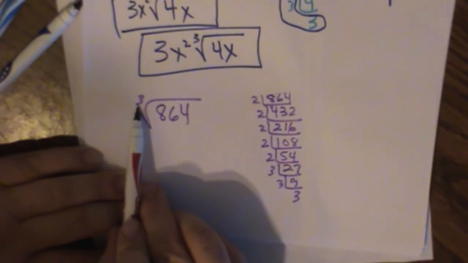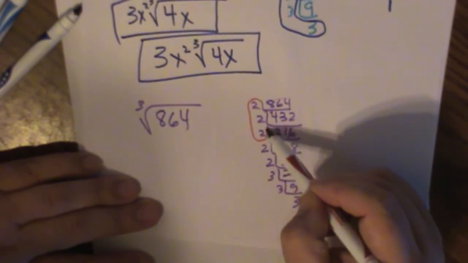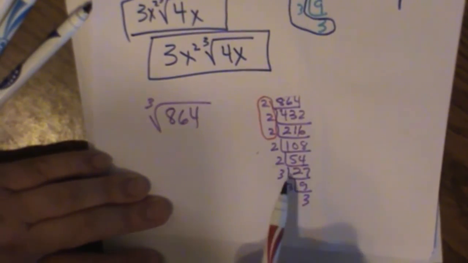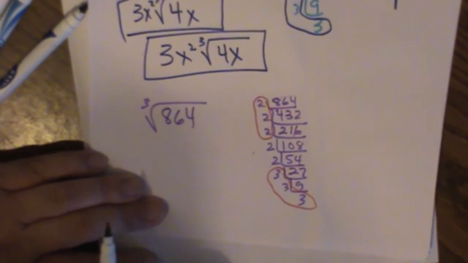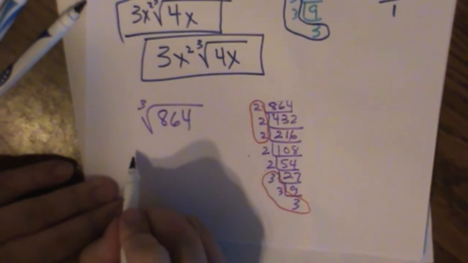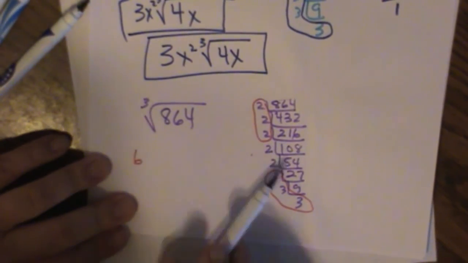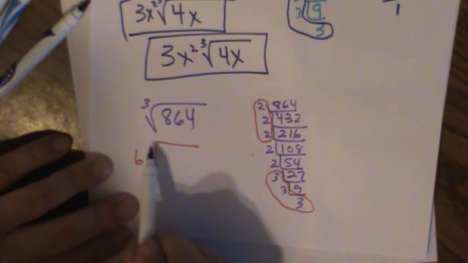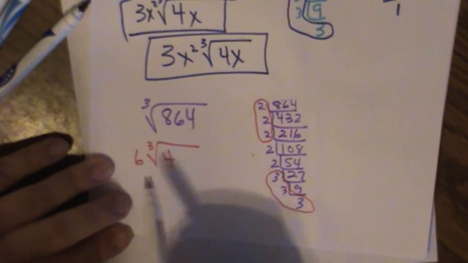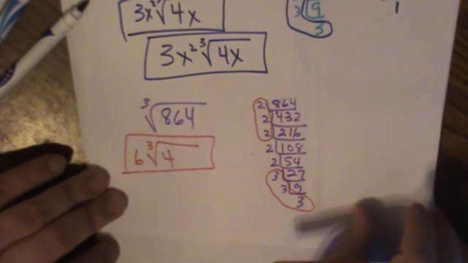Again, we're looking for groups of 3, so we have 3 2s. Oh, we only have 2 here, and we have 3 3s. So 2 times 3 is 6. So 6 is coming out, and inside is 4, because 2 times 2 is 4. And that is our answer for that one.